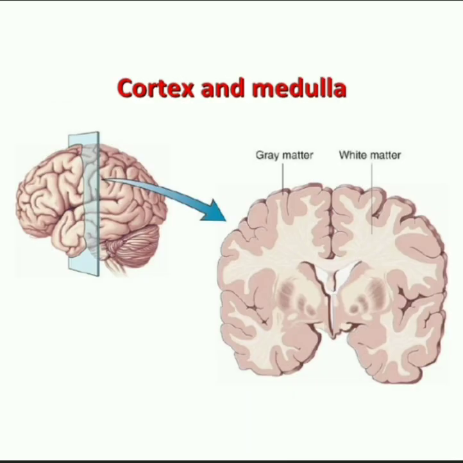Each cerebral hemisphere consists of an outer cortex, the gray matter, and the inner white matter, and large masses of gray matter embedded in the basal part of the white matter, called the basal ganglia or basal nuclei. A cavity within each hemisphere is called the lateral ventricle.